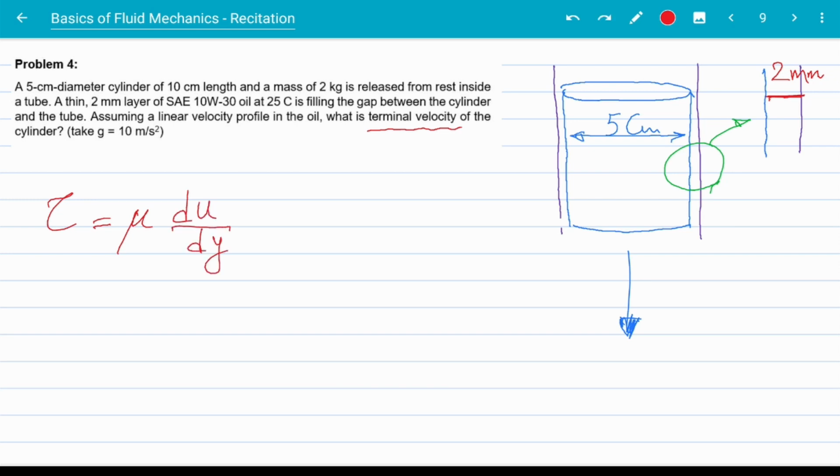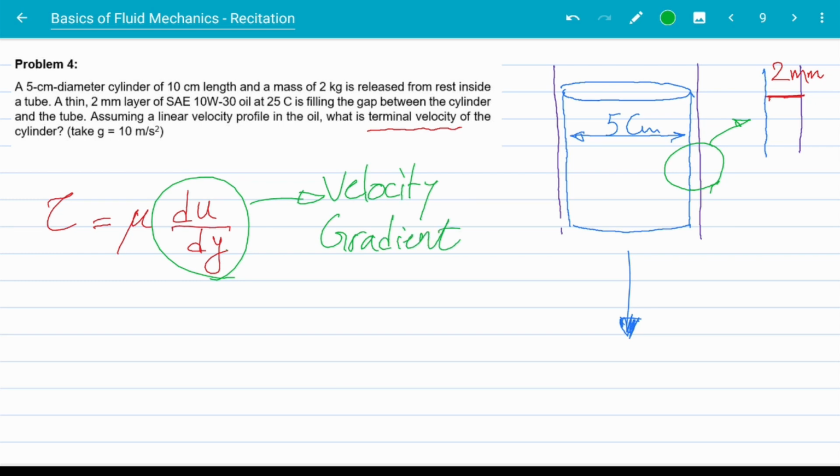So in this equation, we are dealing with mu, which is a property of the fluid, and du/dy, which is a property of the flow. du/dy is referred to as the velocity gradient, and it represents the rate of deformation of a fluid element in this flow.